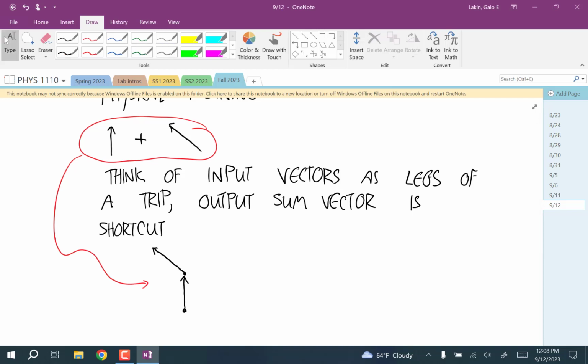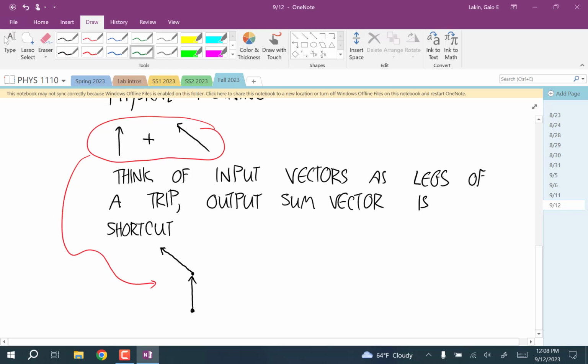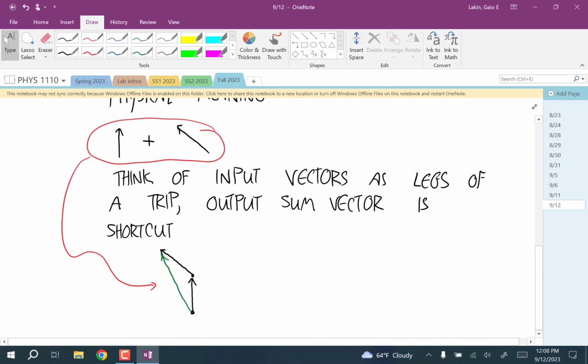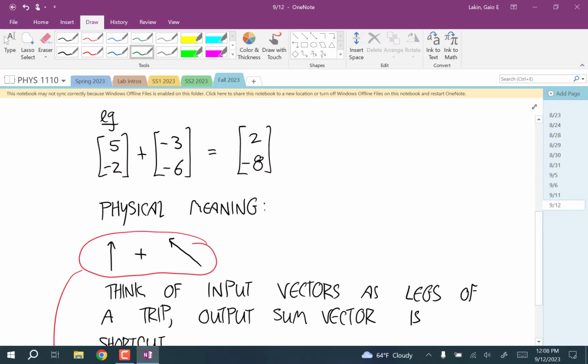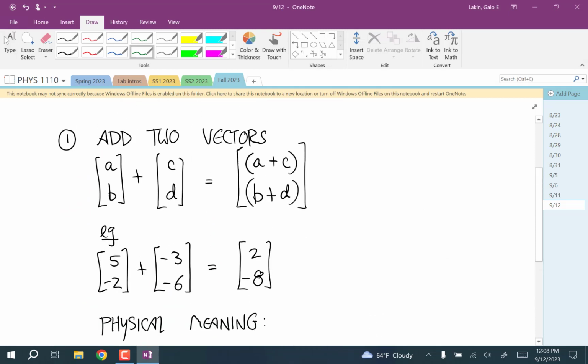And the sum is the shortcut of that trip. So now you call back to your friend like, oh, don't do this. It's not worth stopping at that place for lunch. Just go straight from here to here. Okay, so that green is the sum of those two circled vectors. And mathematically, that's what you get when you use this way of calculating it. Okay?